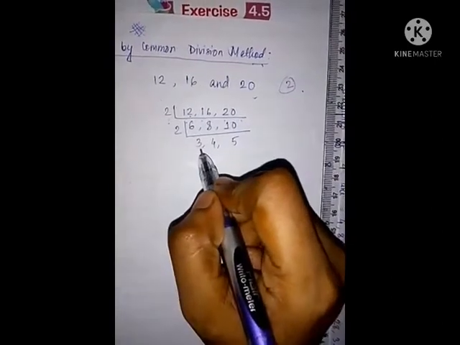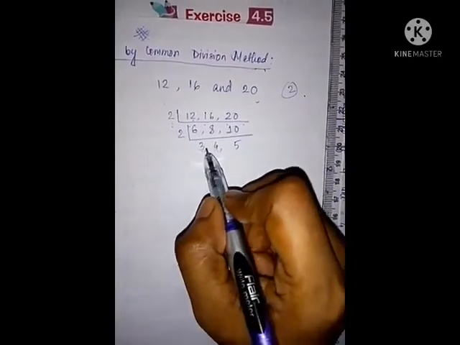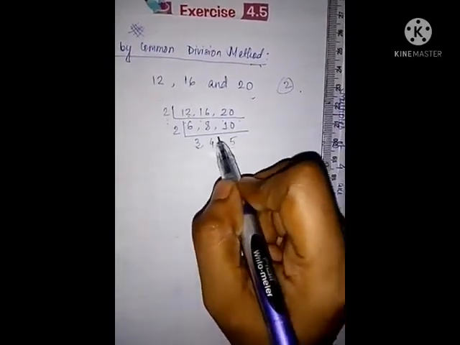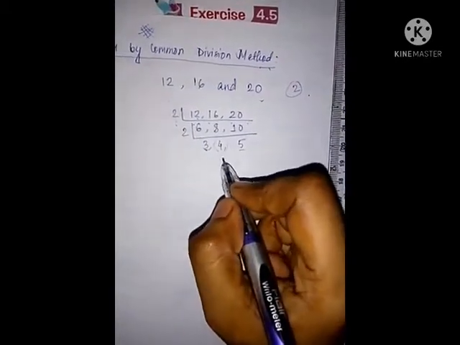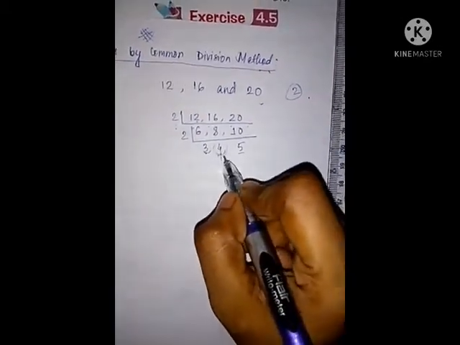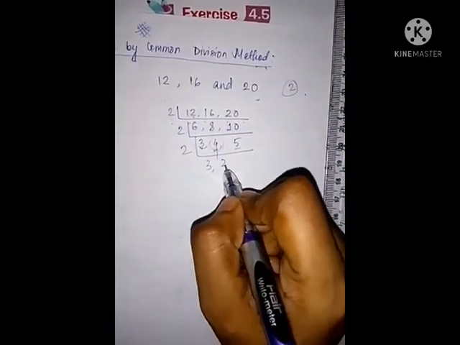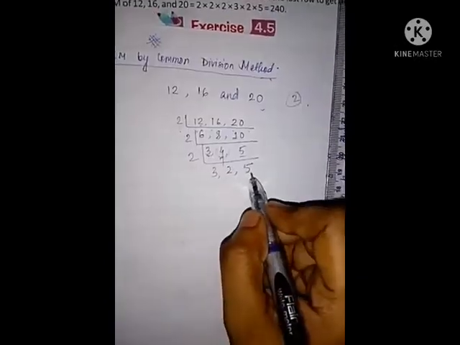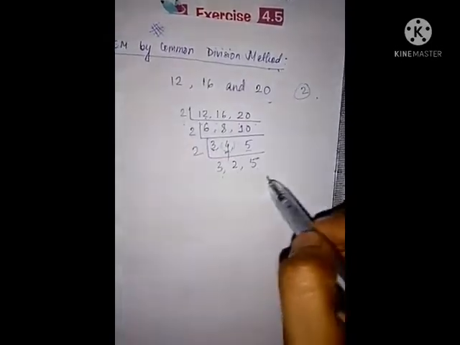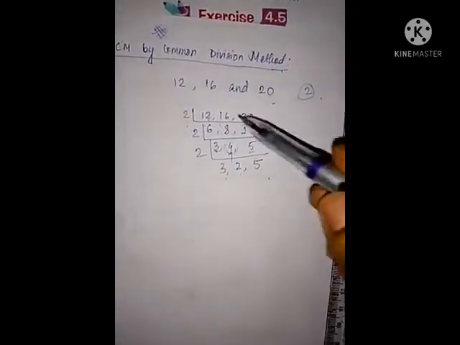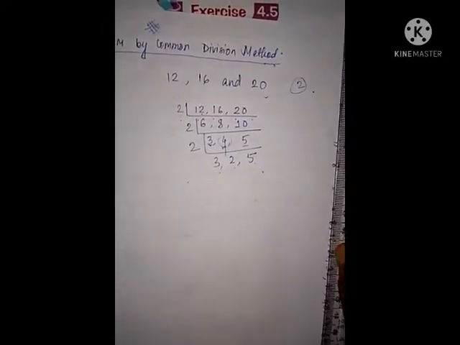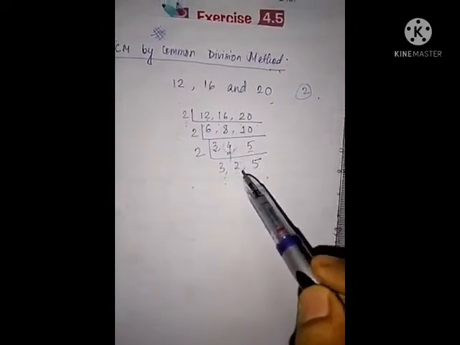Now here we have got two prime numbers, but one is a composite number. So we have to make this also prime. How? 2 2s are 4. Now we have got all prime numbers. So we continue the division by the smallest possible prime numbers.